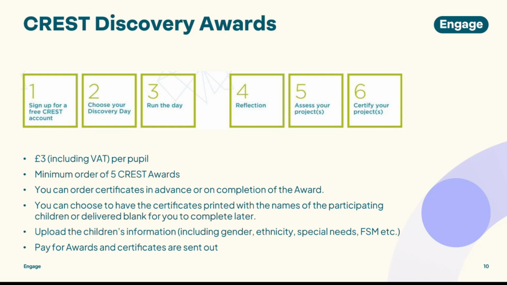So it depends how you want to do it. You will get your certificates once you have paid for the awards. And again, you are requested to send the information about gender, ethnicity, and that sort of thing. So that should not be a tricky process, and there's guidance online as to how to complete that if you struggle.